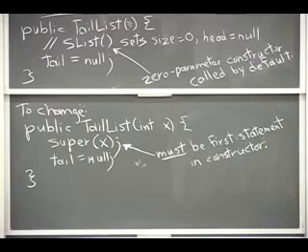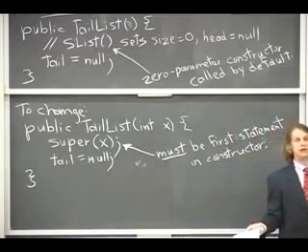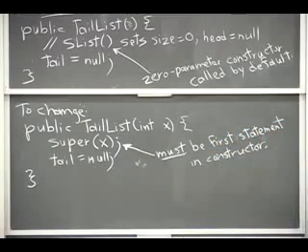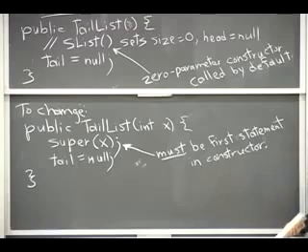So all the superclass initialization has to happen before you can execute any other code, because the code you execute might be calling methods in the superclass. And Java doesn't want to allow you to execute superclass methods on an uninitialized superclass object.